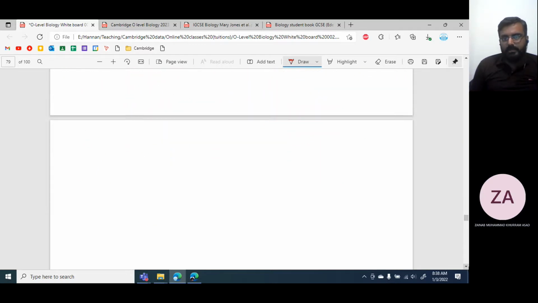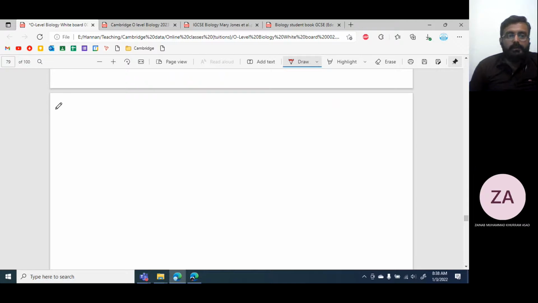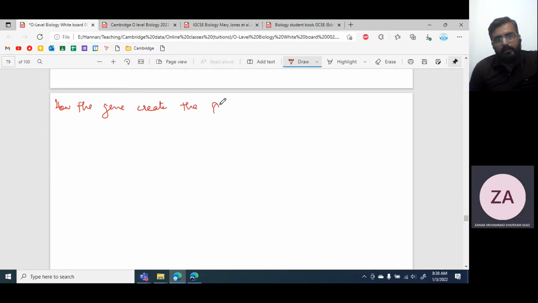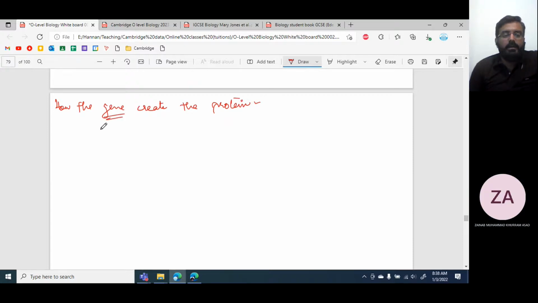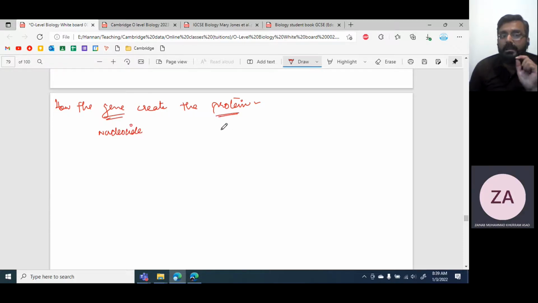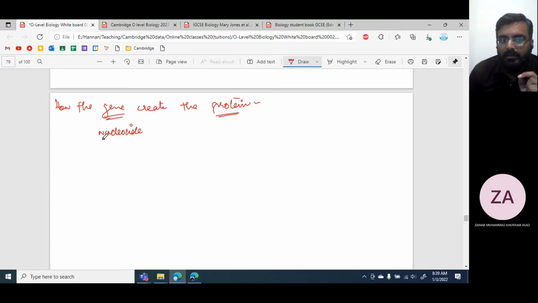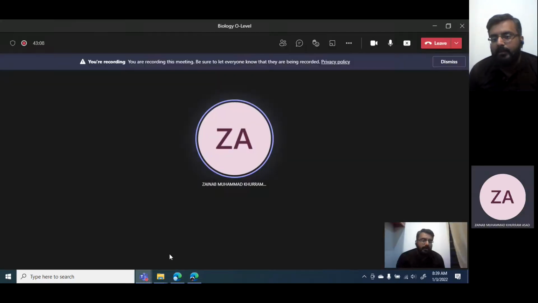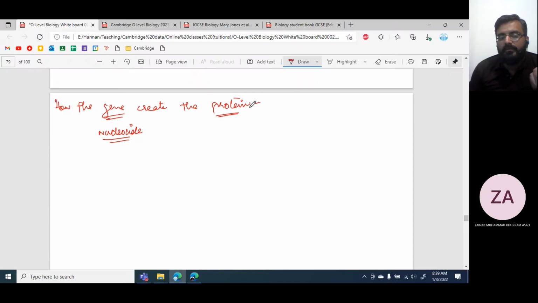Now we have understood the genes. So another thing, how the gene creates the protein. Another point. सवाल ये है ना कि जीन की तो लैंग्वेज है न्यूक्लियोटाइड, and the language of protein, what is the language of protein? What are the alphabets of proteins? And let me make it easier for you, what are the monomers of proteins?